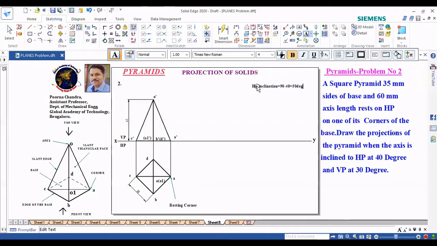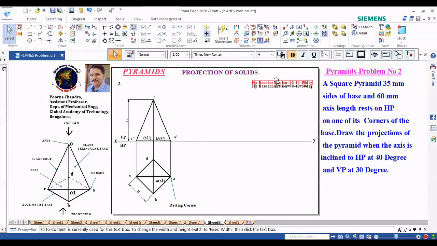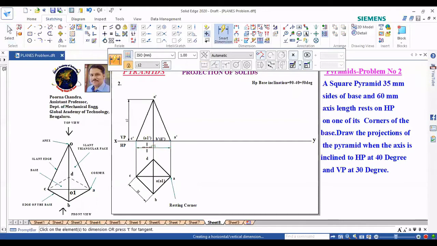So that is HP base inclination, okay? So the base inclination you are supposed to take as 90 minus 40, it is 50 degree. That is, I need to rotate the base A dash C dash for 50 degree, then I will get axis as 40 degree. Okay. So what I will do, first I need this dimension. So we can take this dimension. So it is 49.5.